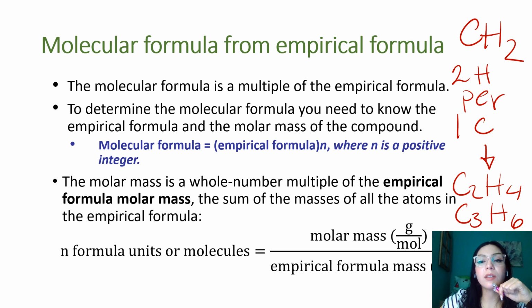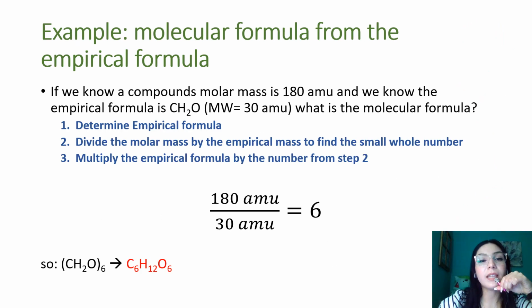It depends on whatever integer multiple you get. To determine that small whole number, you divide the molar mass by the empirical formula mass. To understand this well, we're going to practice it. Let's say we have a compound whose molar mass is 180 AMU, and we know the empirical formula is this. The empirical formula mass comes from the formula.